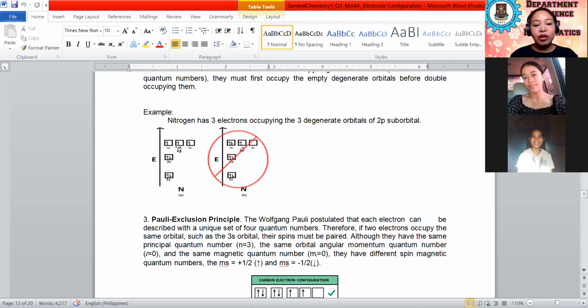So in example, si nitrogen. Butangan sa natog tagsa-tagsa din ha, taysa nato siya i-pair. Dili kay diretso ta mag-pairing. So say for example, let's start with 1s. Since si nitrogen has 1, 2, 3, 4, 5, 6, 7 electrons. So since kay 7 yung electron, for the first degenerate orbital, the 1s, we have 2.